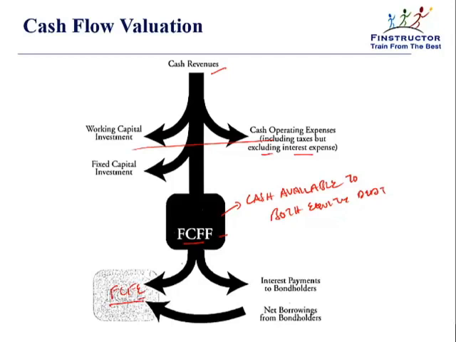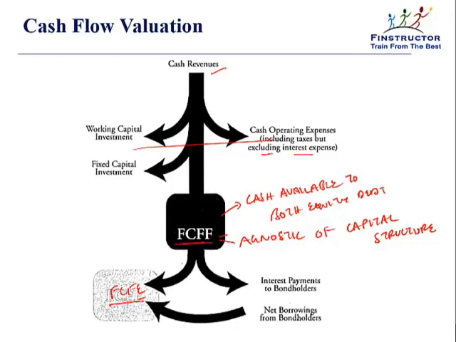Now please note that free cash flow to firm as a measure is agnostic of the capital structure. That is, how much debt I take or how much equity I take in my company will make no difference to the free cash flow to firm.